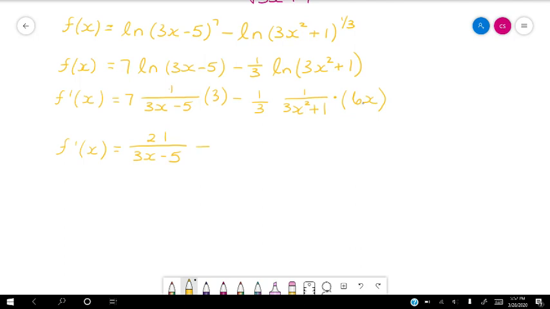We're going to have a 6 in the top, and then that is going to cancel with a 3. So what's going to be left? A 2x in the top. Over 3x squared plus 1. Okay, and then that's that.